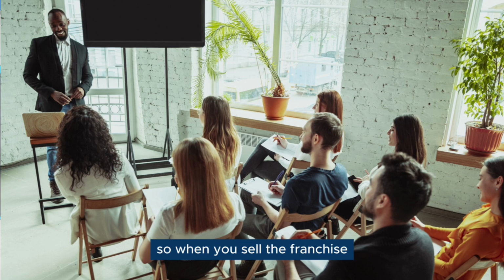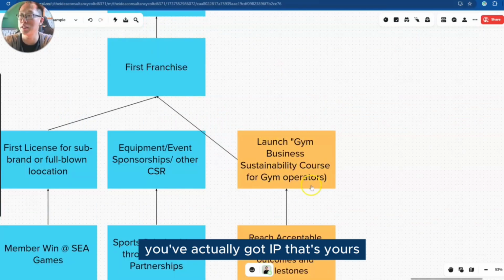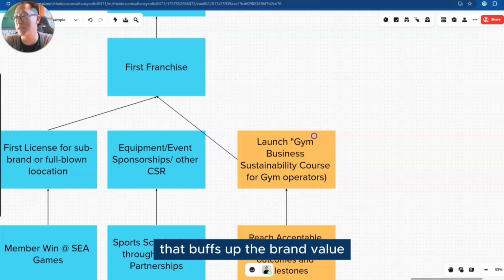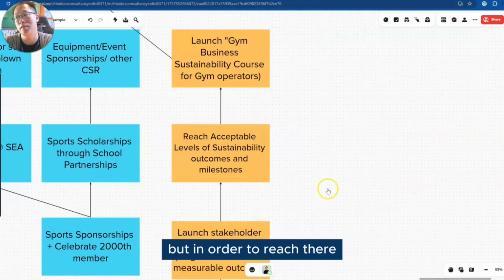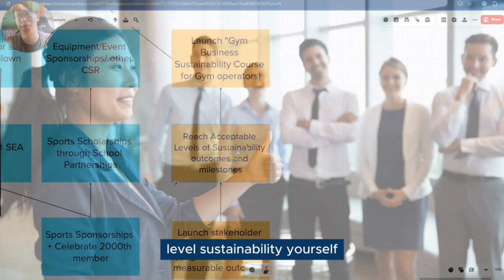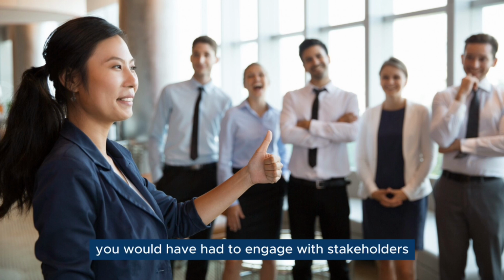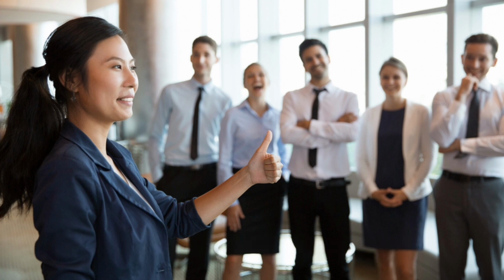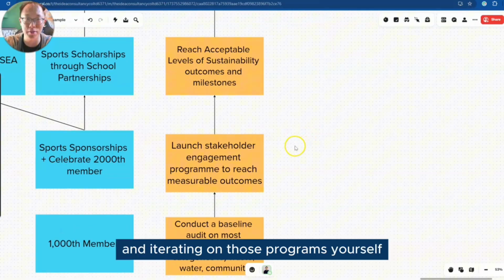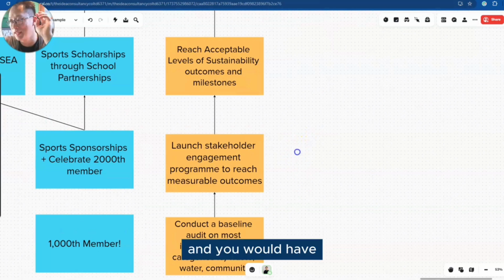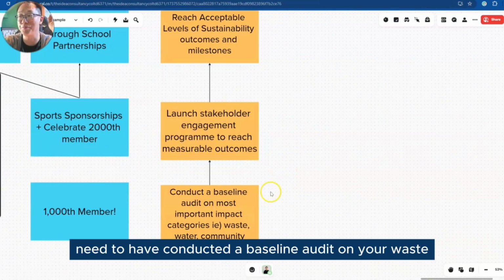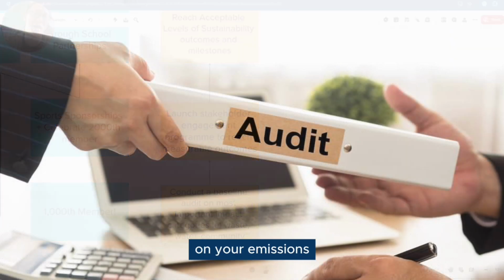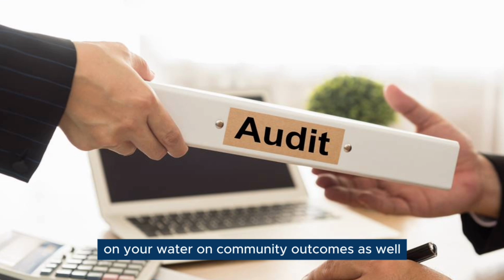So when you sell the franchise, you've actually got IP that's yours that buffs up the brand value. But in order to reach there, you need to have reached an acceptable level of sustainability yourself. You would have had to engage with stakeholders and run programs and iterate on those programs yourself. And you would have needed to conduct a baseline audit on your waste, on your emissions, on your water, on community outcomes as well.